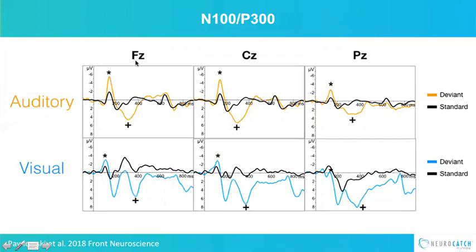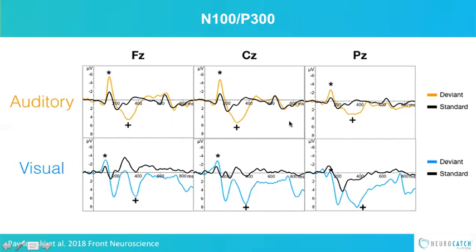I'm showing you the 3 sensors. You'll recall from module 1, I taught you about FZ, CZ, and PZ. These are sensors on the front, center, and parietal lobe positions. And you can see that this response changes across these sensors. If you look at the N100, it's much larger, as is the P300, in the FZ and CZ sensors in this particular case, and it tends to fall off towards the back.